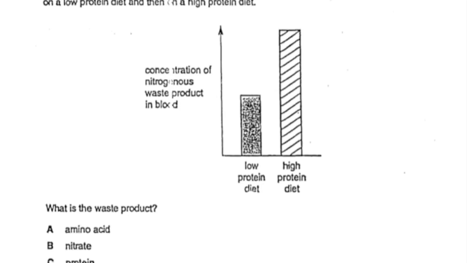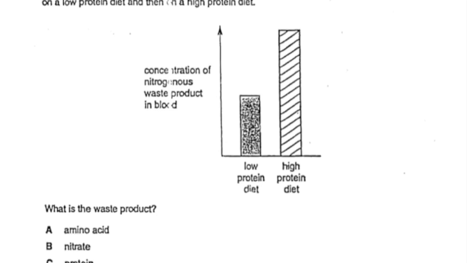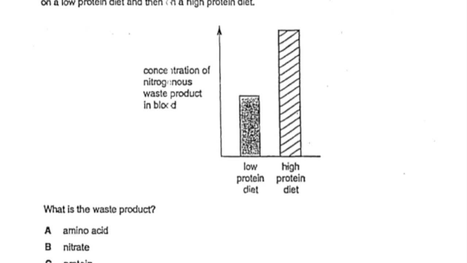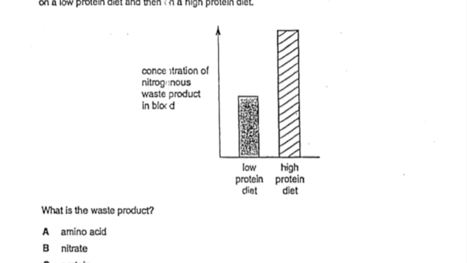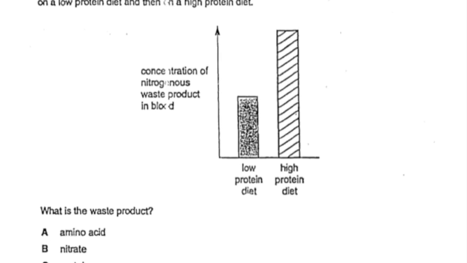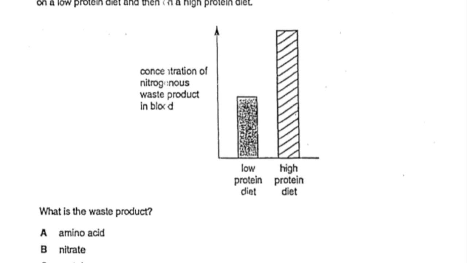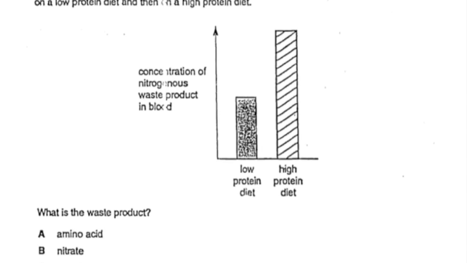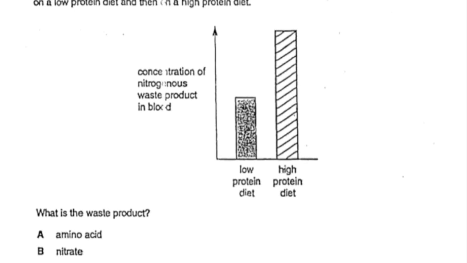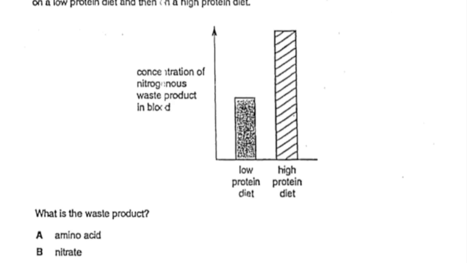Nitrate is used to make protein. C. Protein. That is definitely not the answer. So the answer is D. Urea. Because when we digest protein, we excrete urea through our urine. So the waste product is urea. So the answer is D.